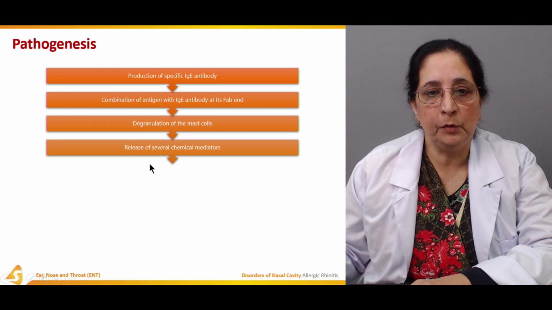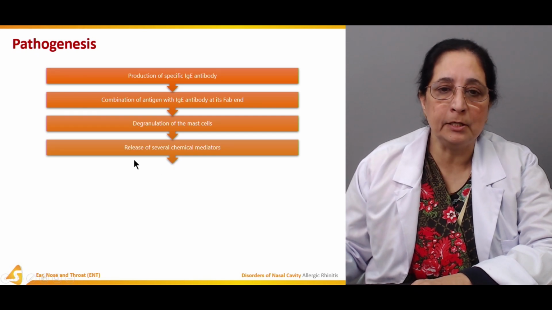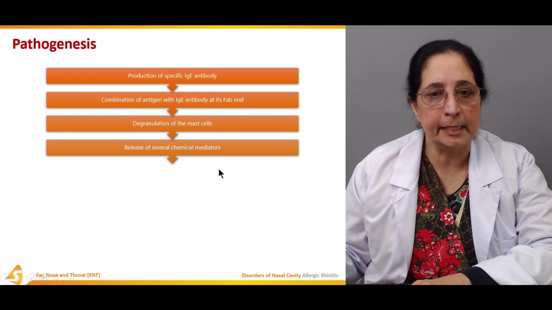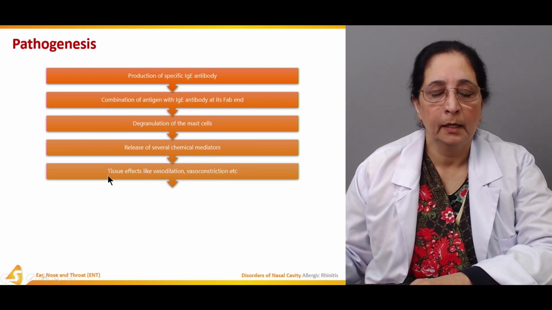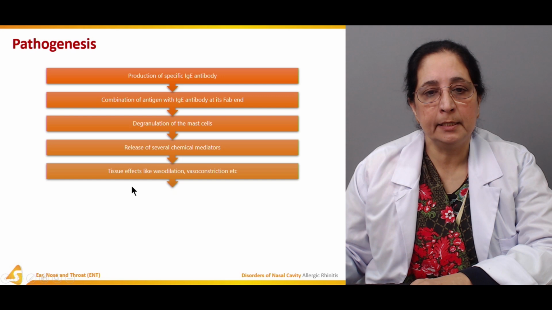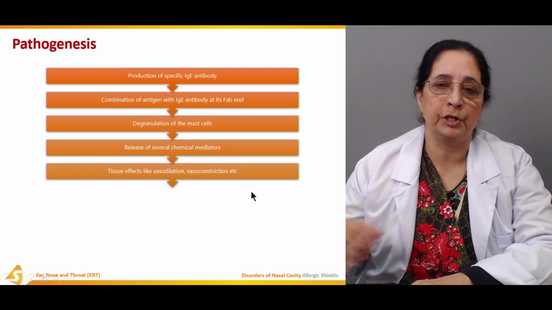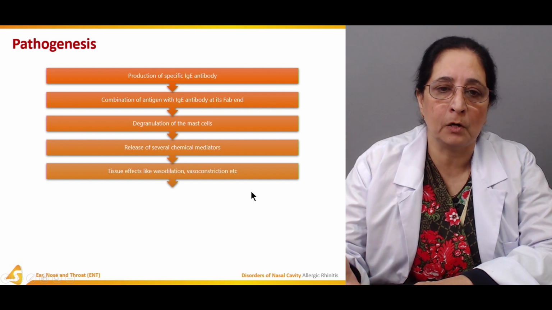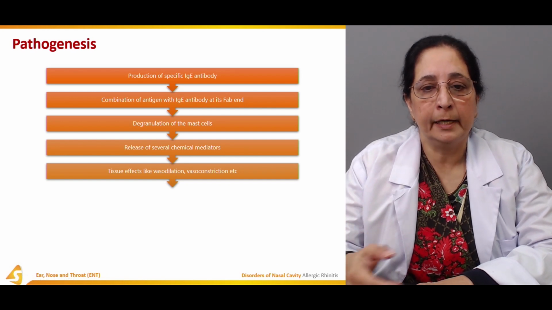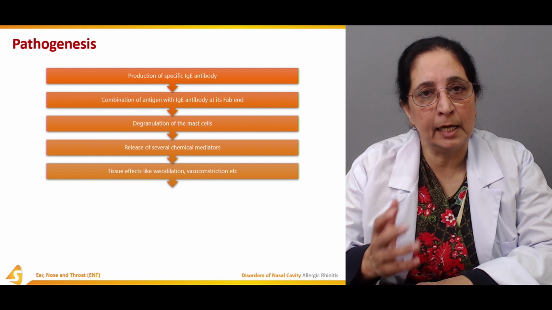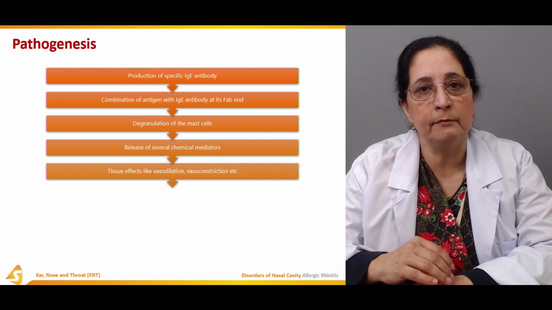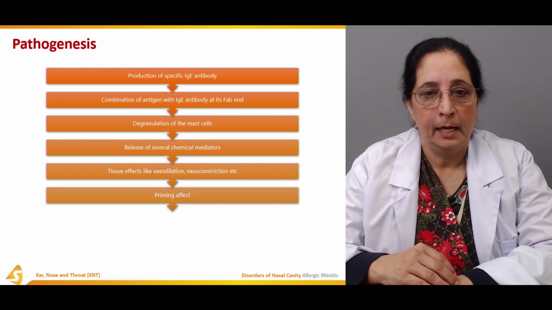With the degranulation, there is release of chemical mediators. These chemical mediators cause vasodilation and vasoconstriction. They have different effects on different tissues. They can cause dilation of the blood vessels, and vasoconstriction.